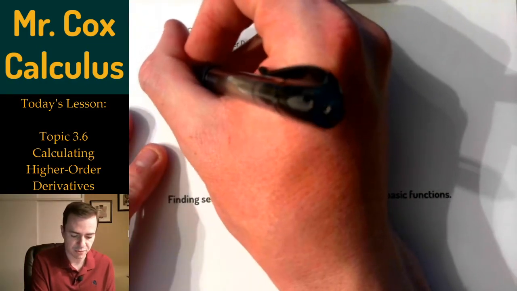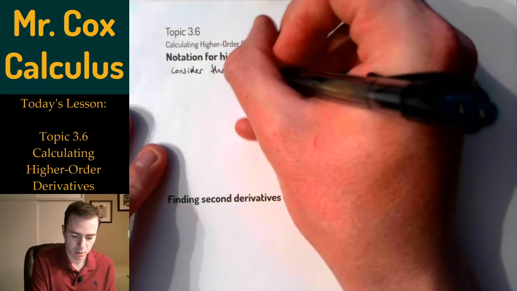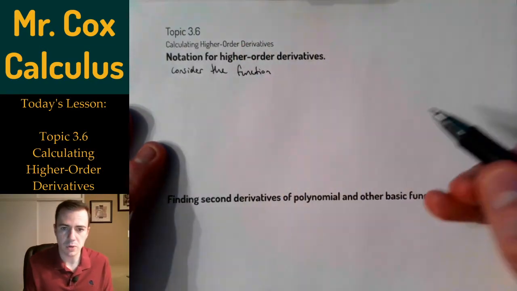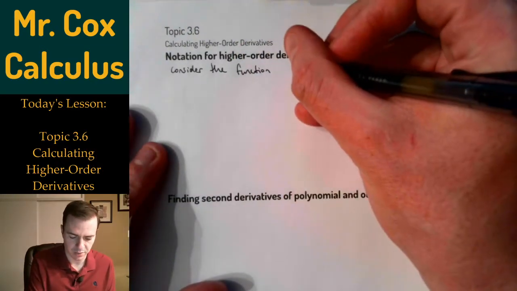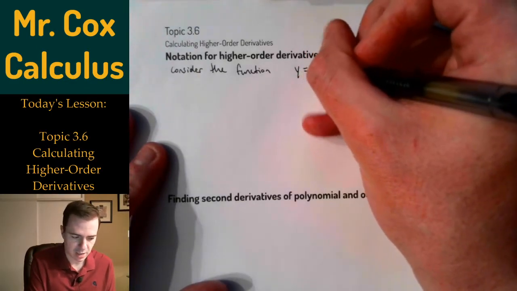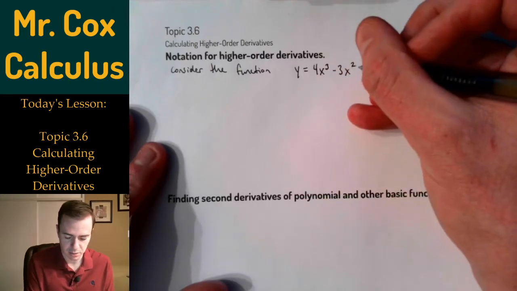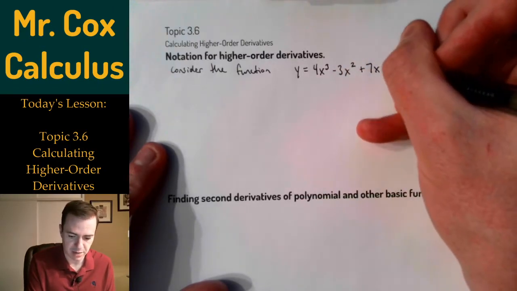So let's consider the following function. And I'm going to kind of bookend this with notation. I'm going to say y equals 4x cubed minus 3x squared plus 7x minus 5.